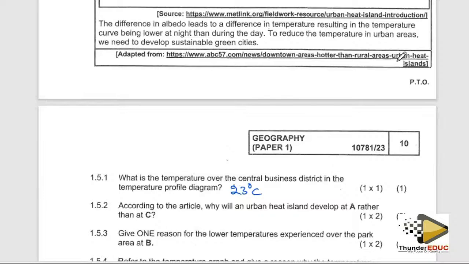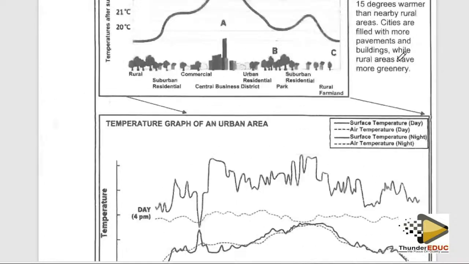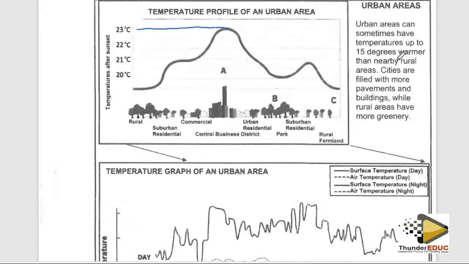Right, let's check. So this is A. They're saying why are we going to experience the urban heat island at A instead of C, right? But they're saying according to the article, right?